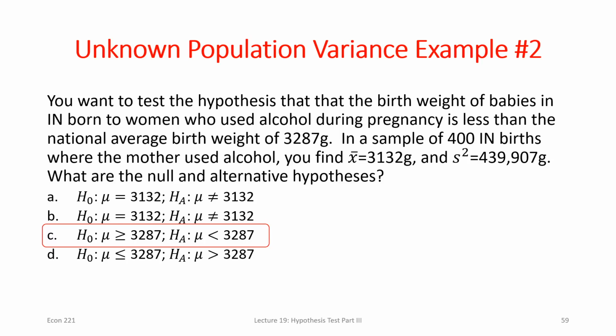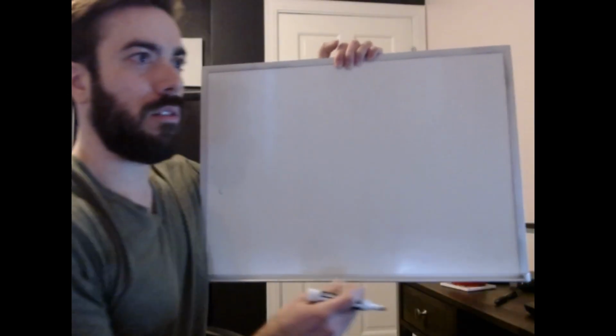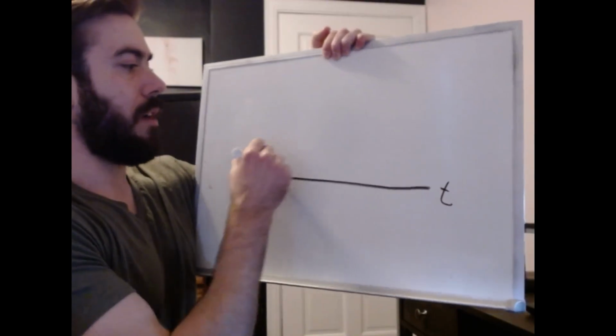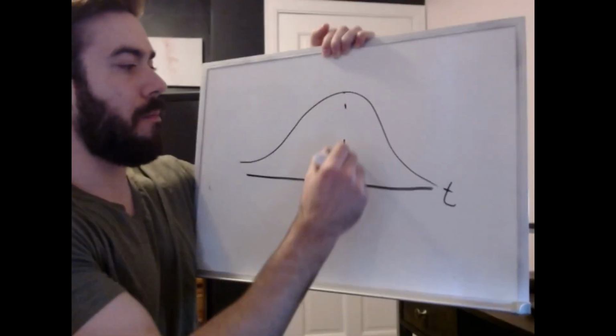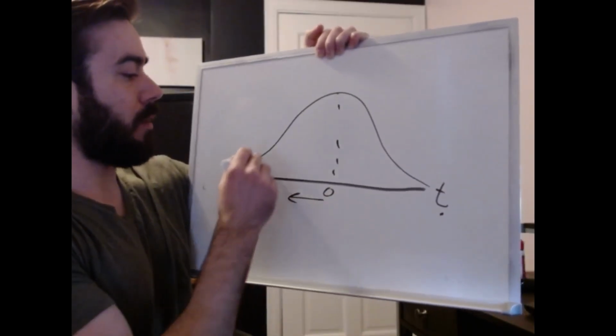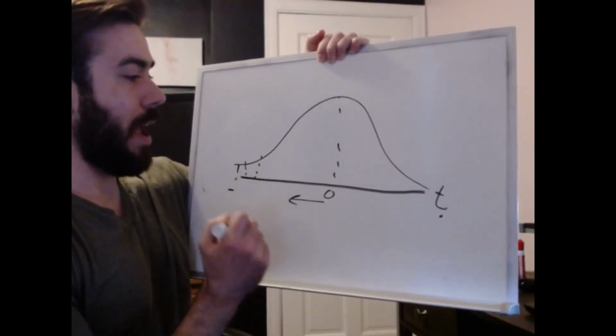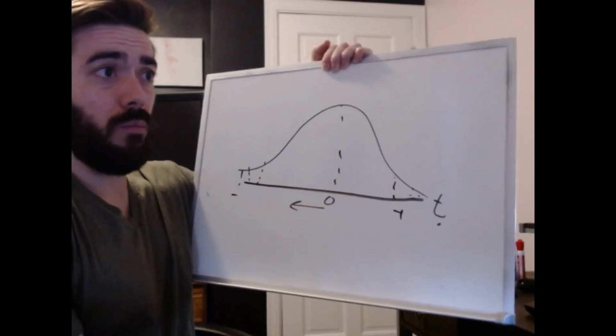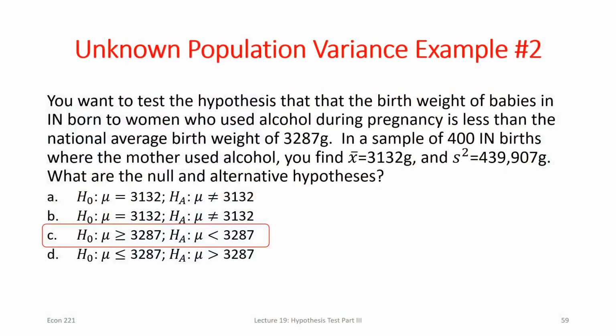If we're dealing with the left side of the distribution, we know the mean of the student t distribution is 0, so our critical values for a left-tailed test should be negative. For a right-tailed test, they'd be positive. And if it's a two-tailed test, we have one of each. So we've got a left-tailed test, and we can look up our critical values, but at least starting out, we know that they're going to be negative.